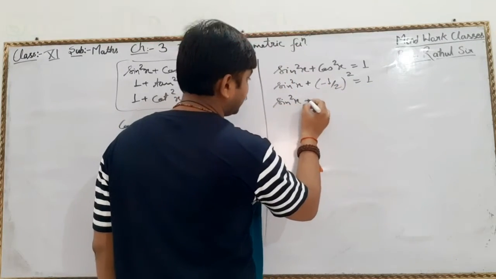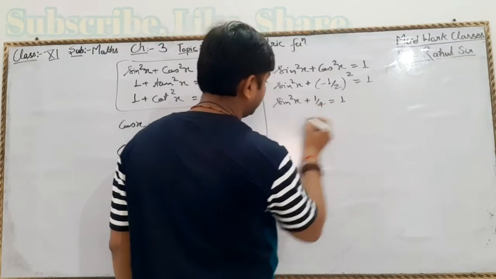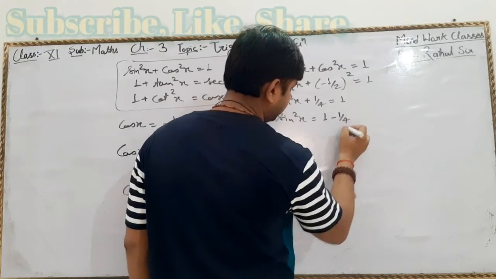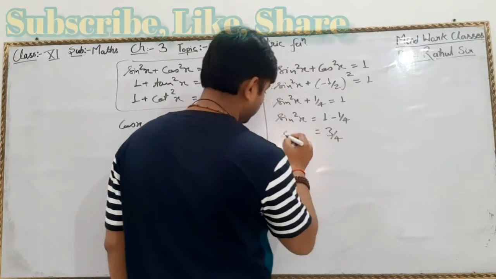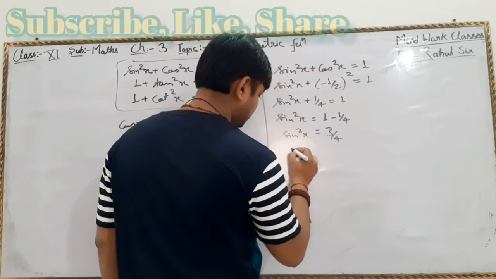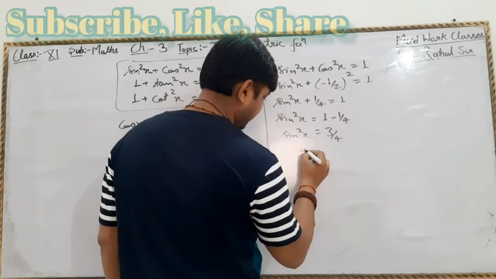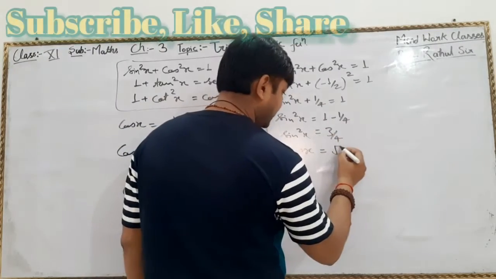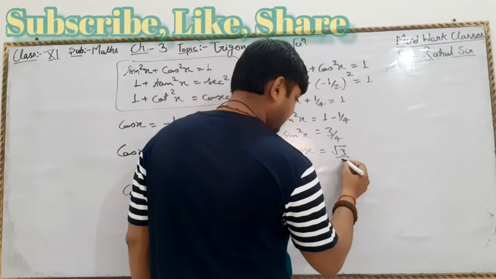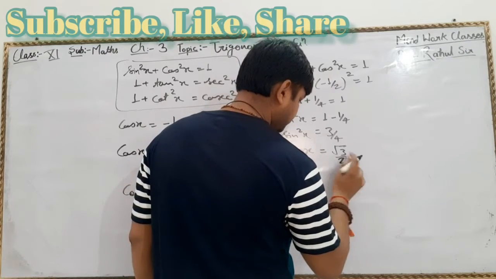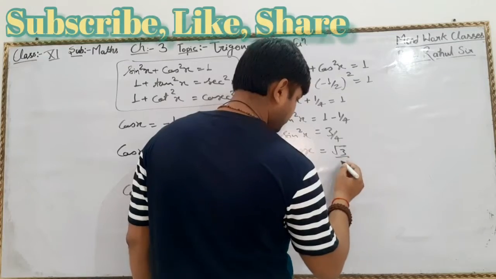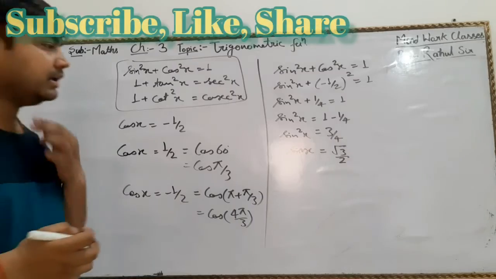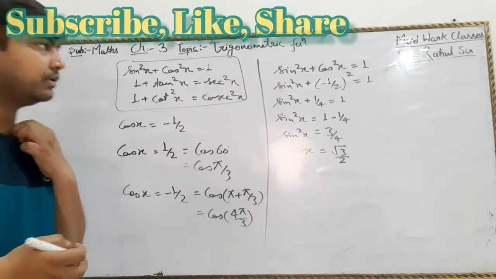So sin square x plus 1 upon 4 is equal to 1. So sin square x is equal to 1 minus 1 by 4, that is 3 by 4. Sin x will be, if we take the square root of both sides, what do we get? Root 3 by 2.